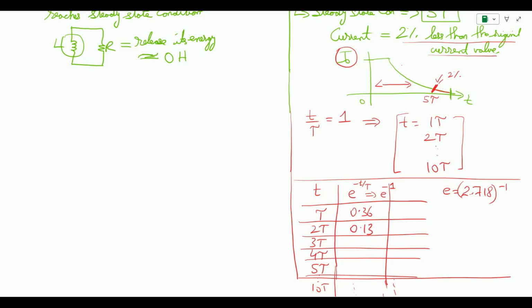Similarly, for minus 3 it comes out to be 0.049. Then for minus 4 it comes out to be 0.01, and when you reach the value of 5 you get 0.006. Now you can see that at 5 tau we have almost reached the value of 0, and this is why we say that the system needs to elapse 5 tau or 5 time constants to reach a steady state condition.